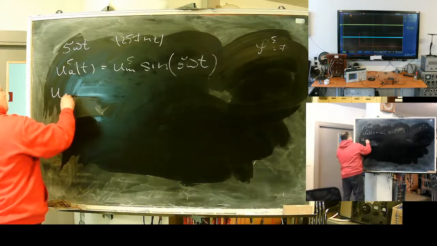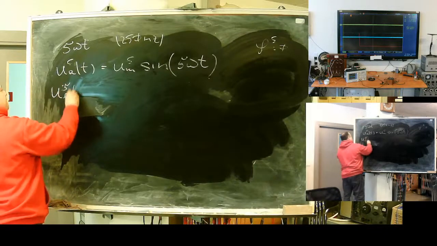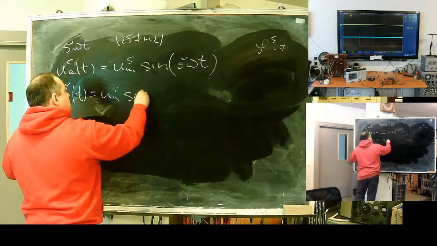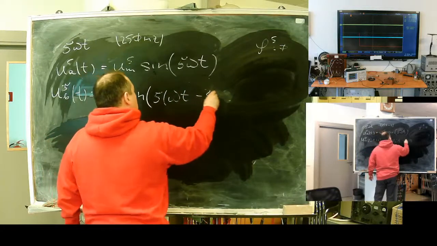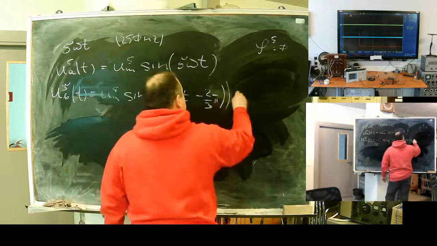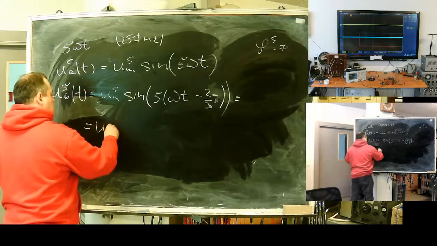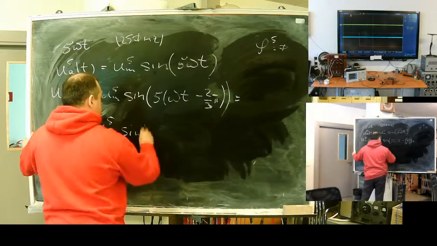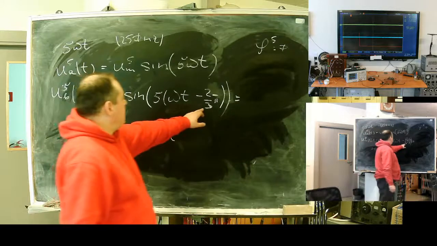But for B, what I need to write here will be sine of 5 omega t minus 2/3 of pi, and it's equal to sine of 5 omega t.